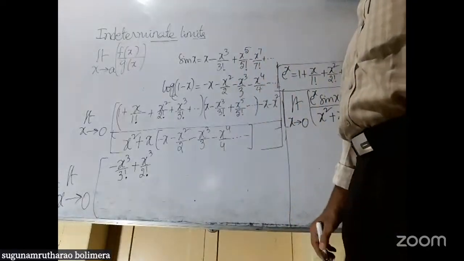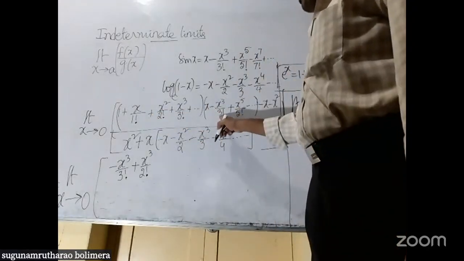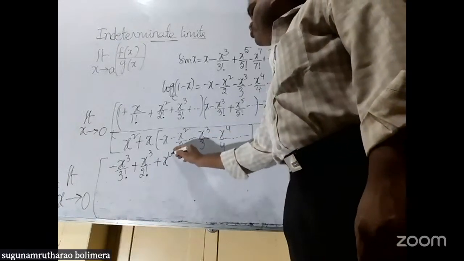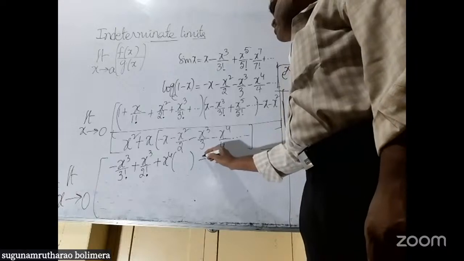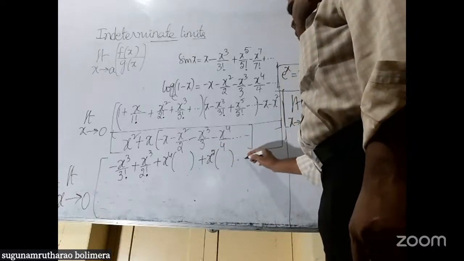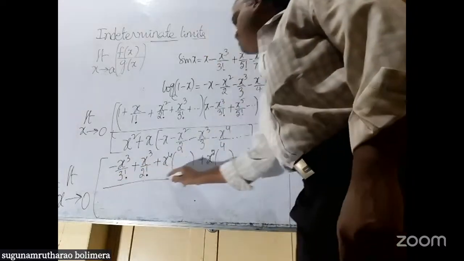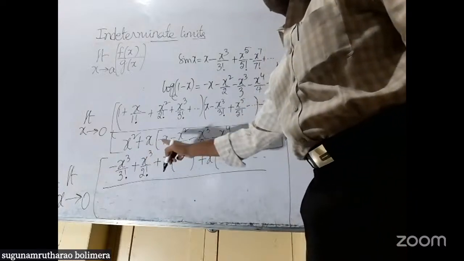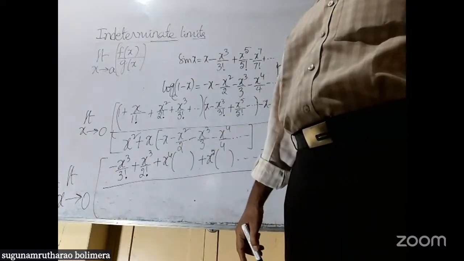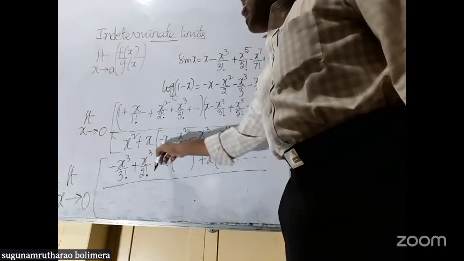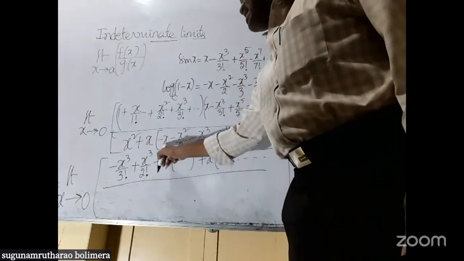Again, x into x power 3, that is x power 4 into something, plus x power 5 into something, and so on, all divided by here x square minus x square, both get cancelled.